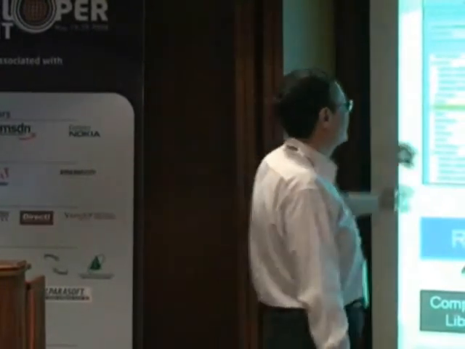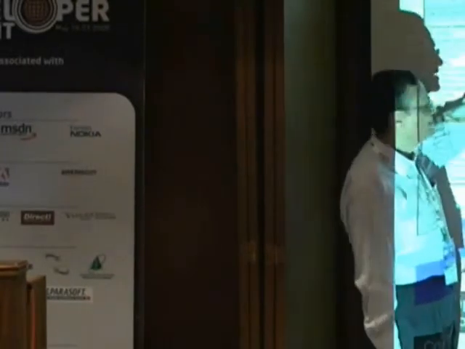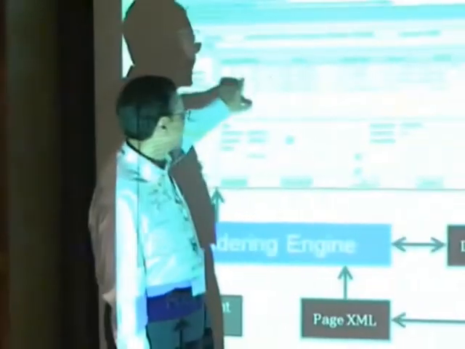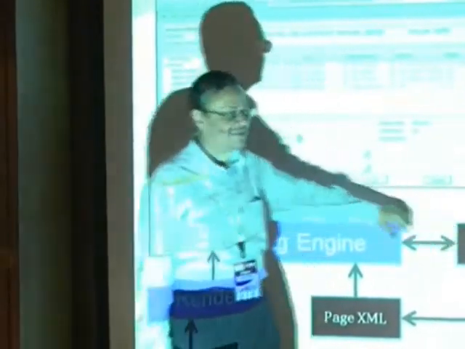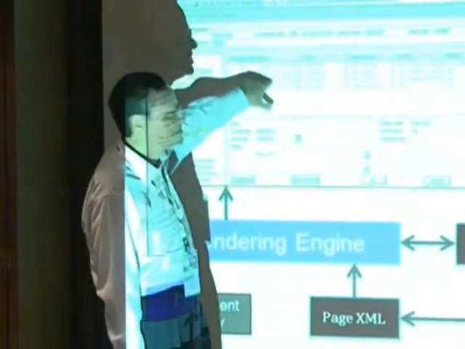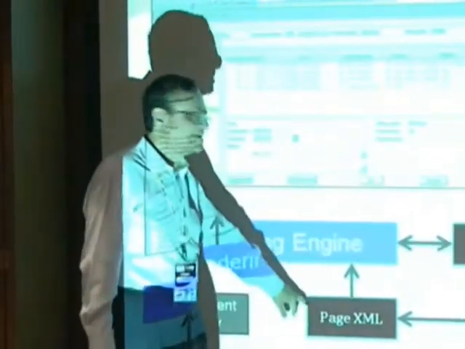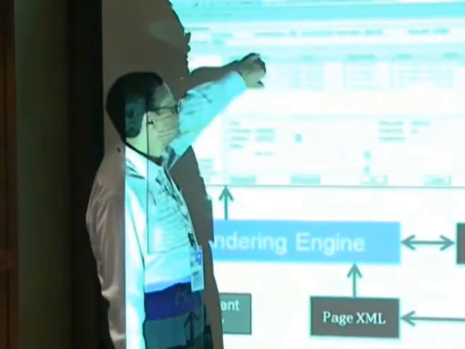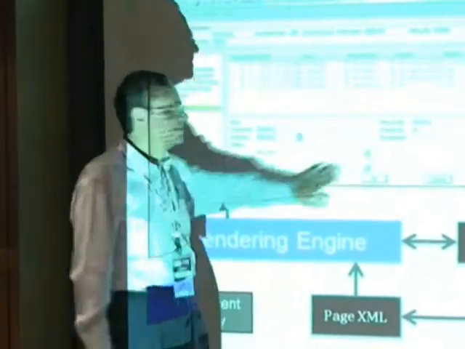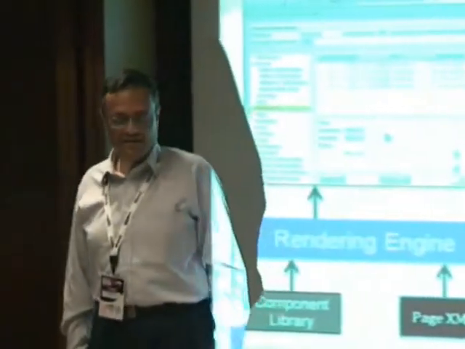For example, for this grid, there is an XML definition which is stored in the page XML. The actual data is stored in the data buffer. Now, if you give a different search and this has to change, all you do is go and get the new data, use the same XML which is available here, and refresh this one without affecting anything else.